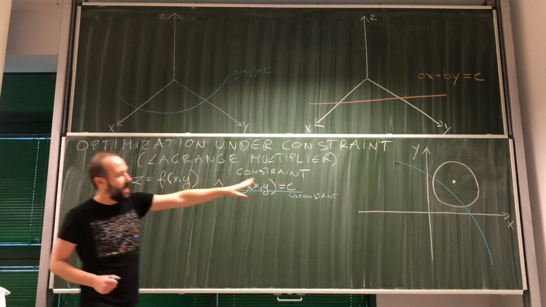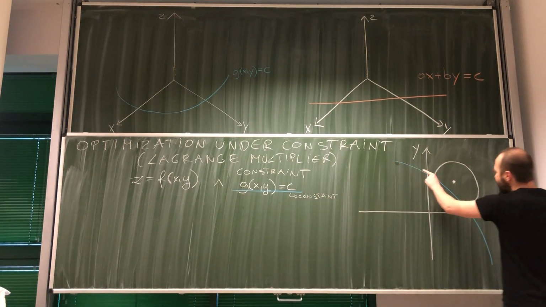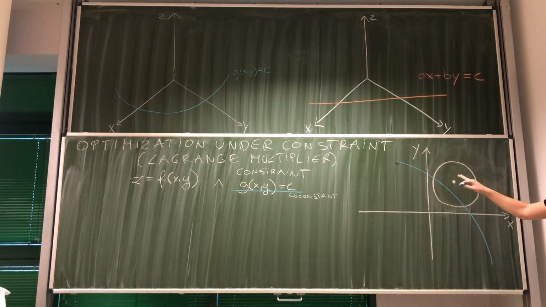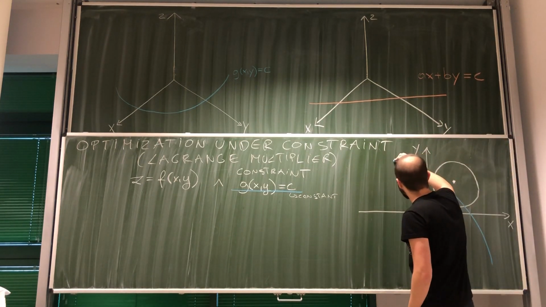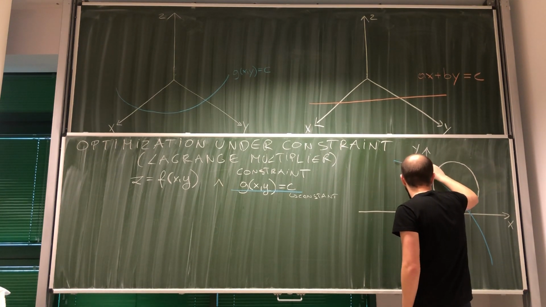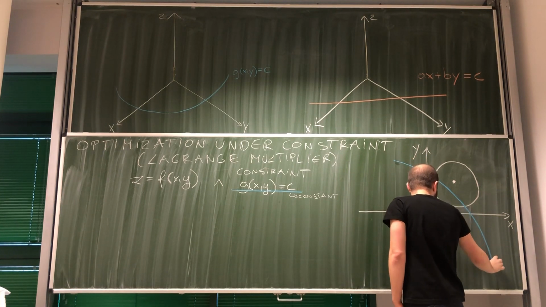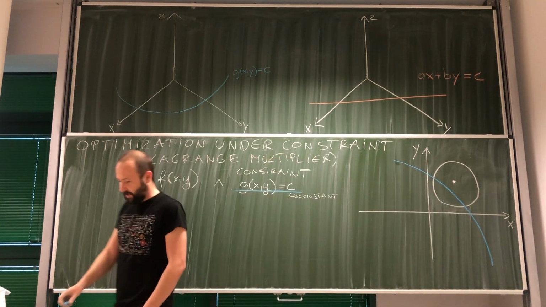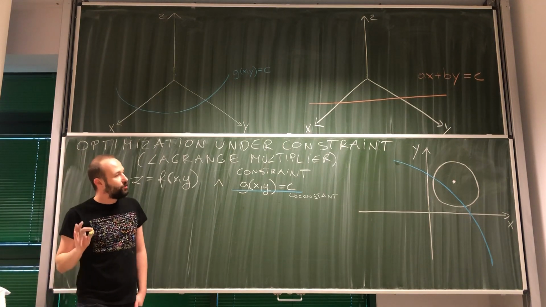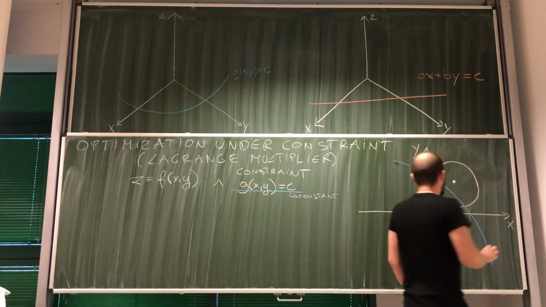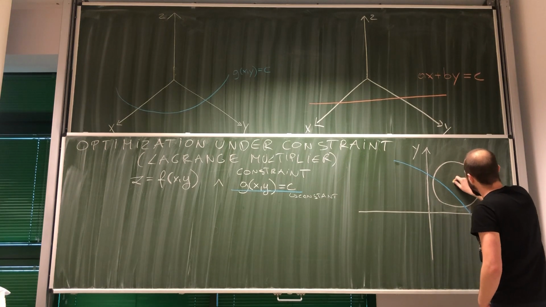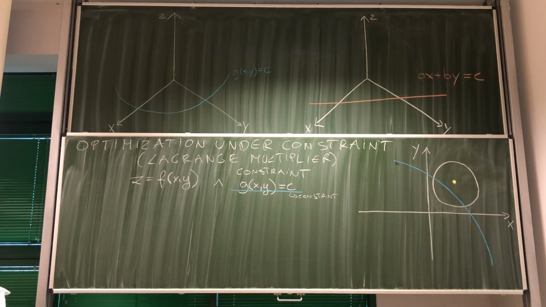And look, what has happened over here? Now it means that we are not allowed to choose any value of x and y, but only those which lie on this line. So look, what has changed over here? Look, now, right away we know that this maximum that we found before is impossible to attain for us.